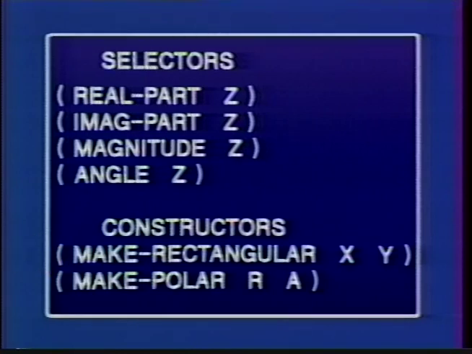Similarly, we can have make-polar, which will take a magnitude and an angle and construct a complex number which has that magnitude and angle. So here's a system. We'll have two constructors and four selectors. And now, just like before, in terms of that abstract data, we'll go ahead and implement our complex number operations.